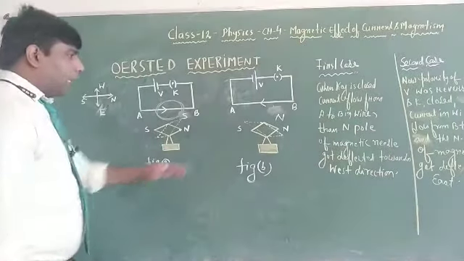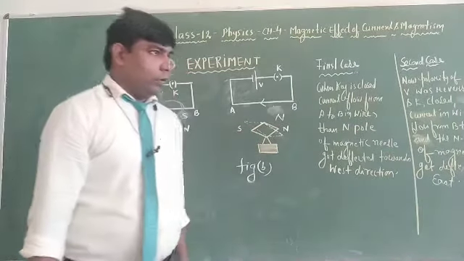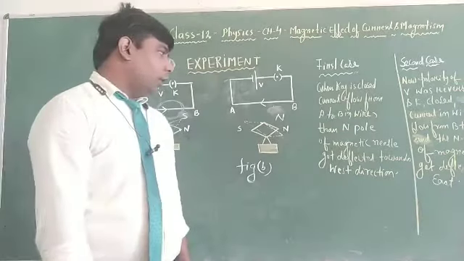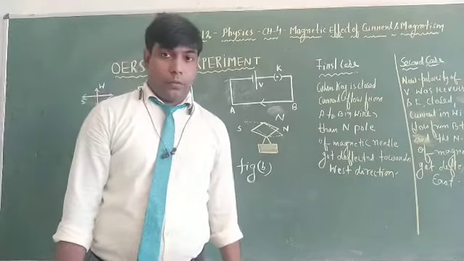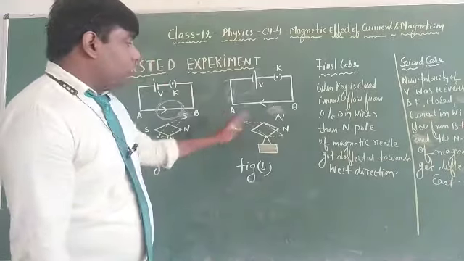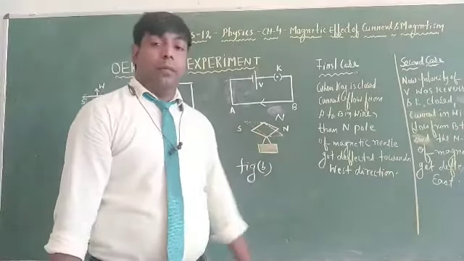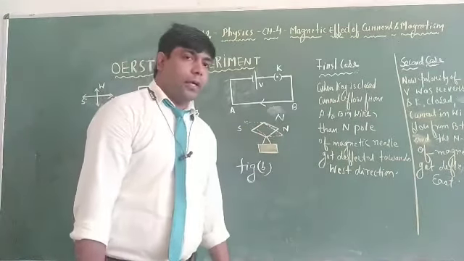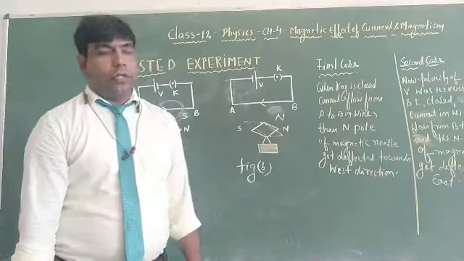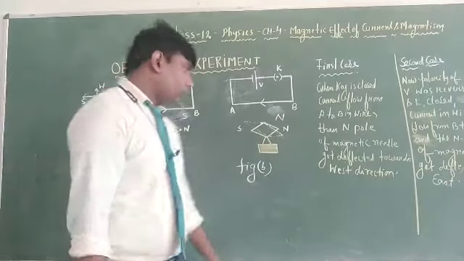Now, this direction of the deflection can be found out by Ampere's swimming rule. It means the direction in which your magnetic needle will get deflected was given by Ampere, and that is known as Ampere's swimming rule, right? What is it?